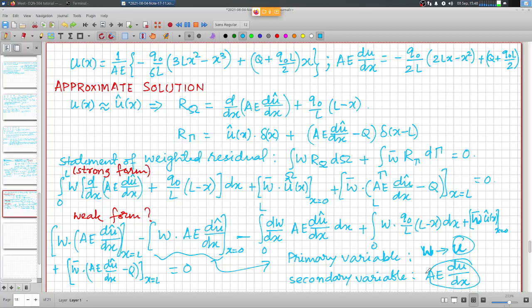So the approximation has to be an interpolation model in terms of the primary variable.